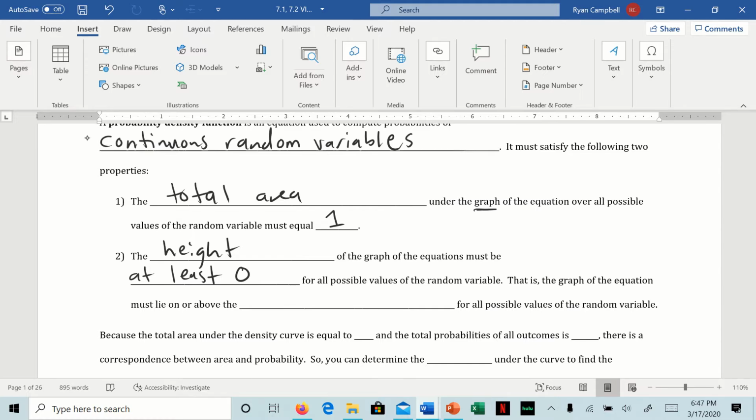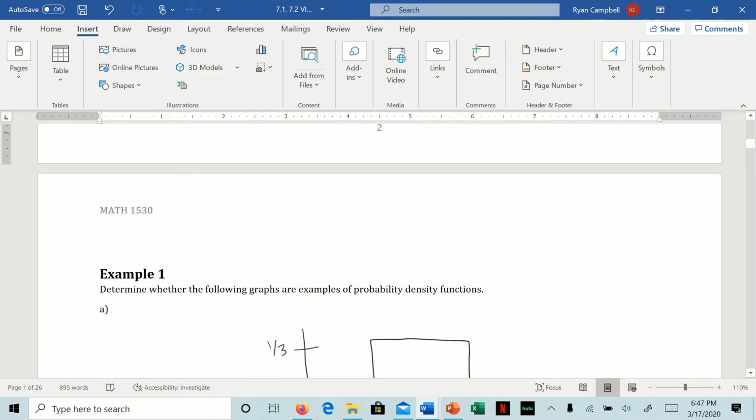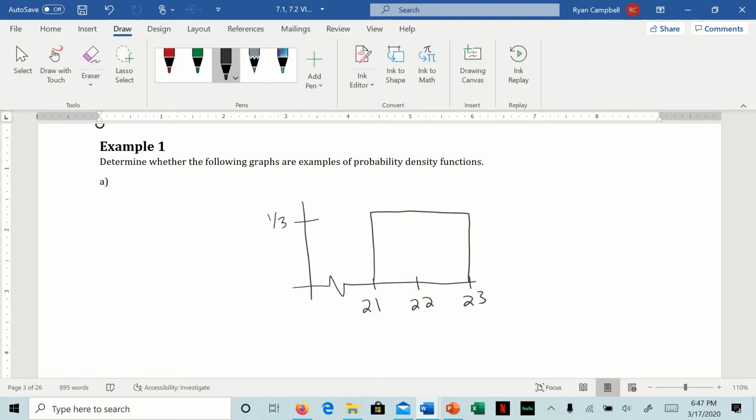So the line must lie above or on the horizontal axis. So using these two parts of the definition, let's look at some examples. Example number 1. Let's determine if these three graphs are functions, or density functions.